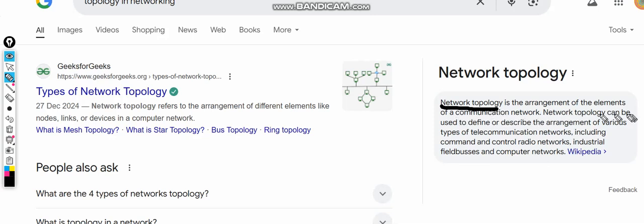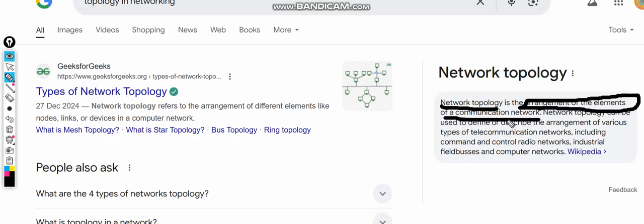Network topology can be used to define or describe the arrangement of various types of telecommunication networks, including command and control radio networks, industrial field buses, and computer networks. So, what is a network topology? Network topology refers to the arrangement of the elements of a communication network.